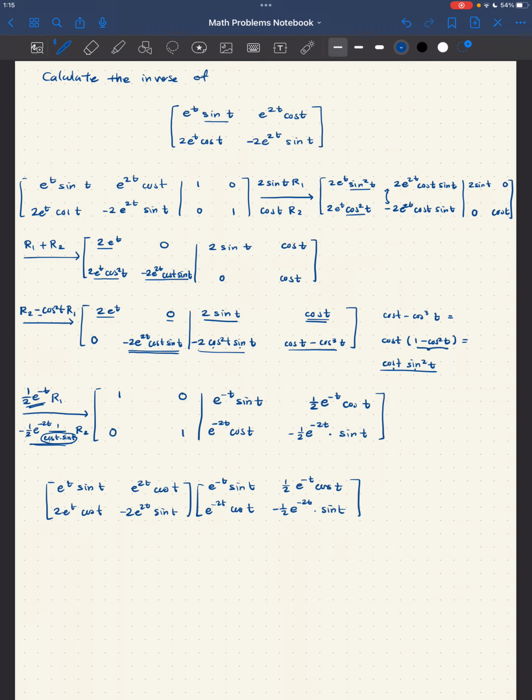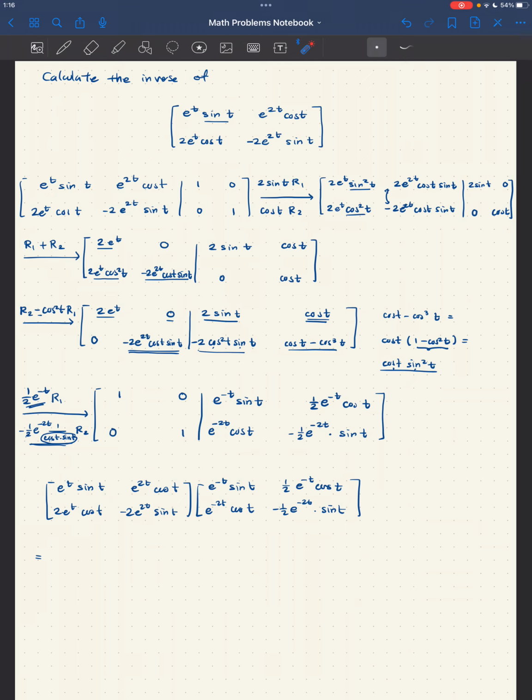Well, let's see what happens, right? Row times column. When I multiply this against that, that becomes e^t times sine times e^(-t) times sine squared.